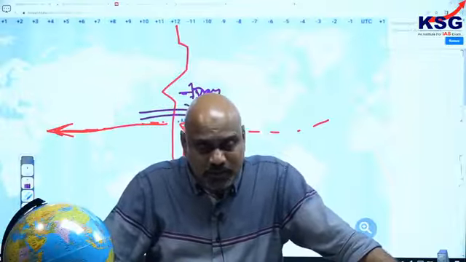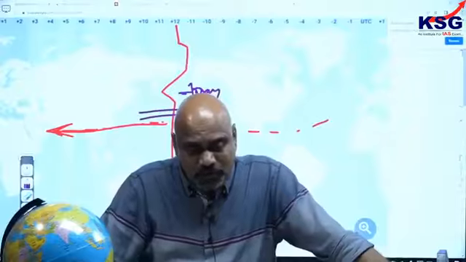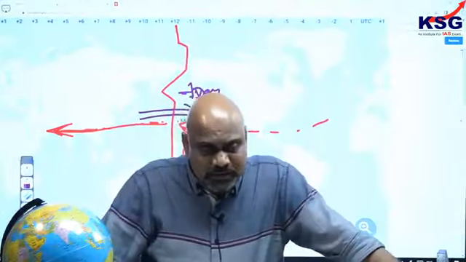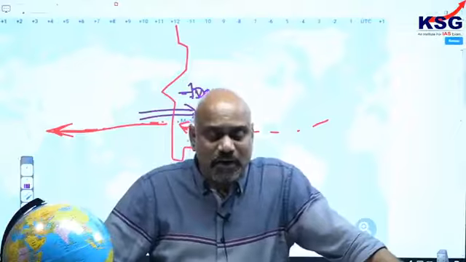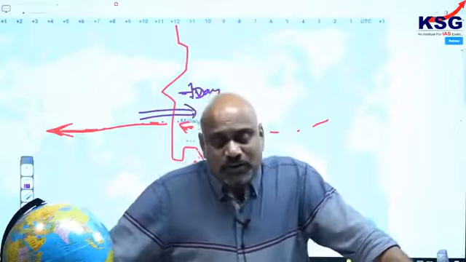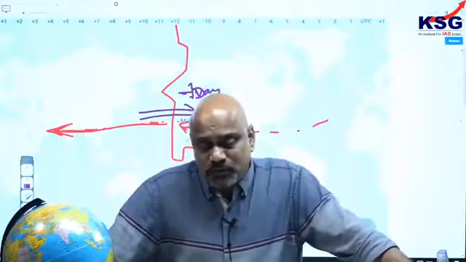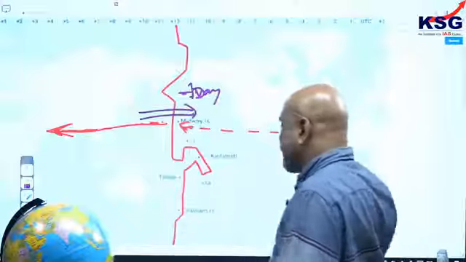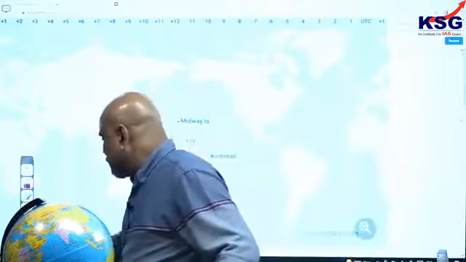What is the significance of the solid upper mantle above the asthenosphere? Are solid and semi-solid density equal? No, solid is less dense, semi-solid is the more dense one. What is the significance of the upper mantle above the asthenosphere? Look here, the upper mantle above the asthenosphere.